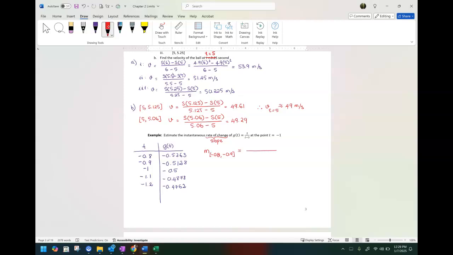We use the formula negative 0.5128 minus negative 0.5263 divided by negative 0.9 minus negative 0.8. This gives us negative 0.1349. We do the same for the next couple of pairs.